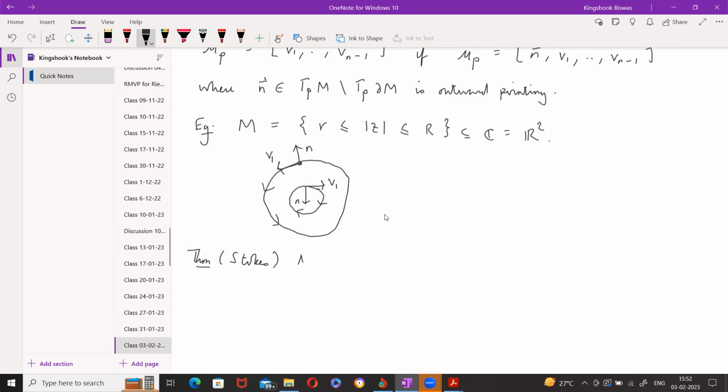Suppose M is a compact oriented N manifold with boundary. I have to assume it's oriented in order to define integration. Then del M is also an oriented N-1 manifold.